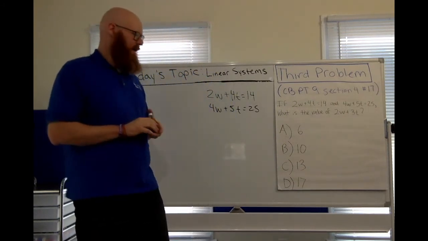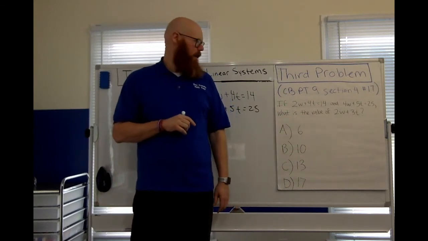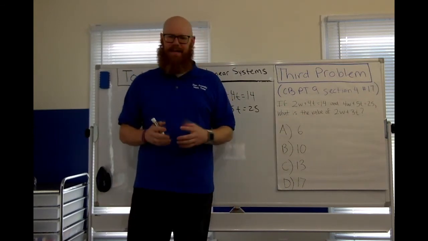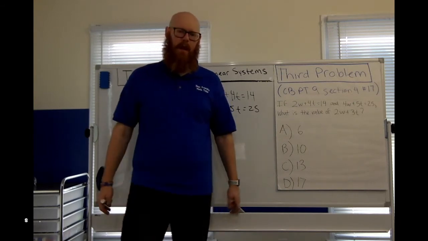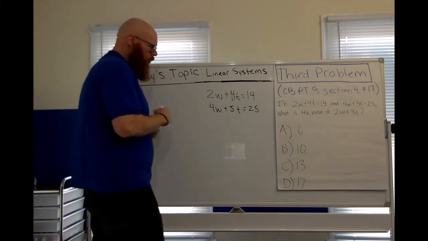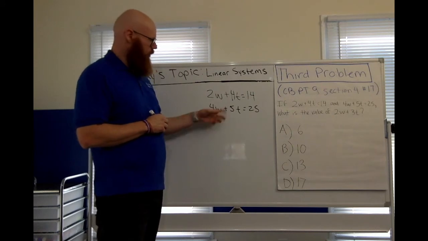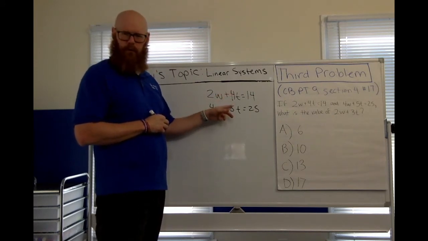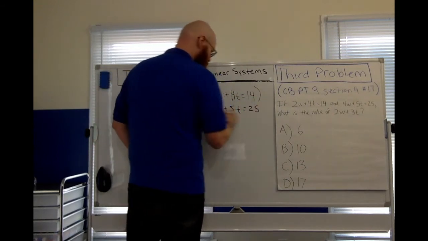That's the key. They are asking us for an expression, so 2w plus 3t is an expression that we need to find the value of as a whole. Let's take a look at the school way. We have a 2 and a 4 here, so eliminating the w's is going to be a little easier, because 4 doesn't go into 5. So let's multiply the first equation by 2.